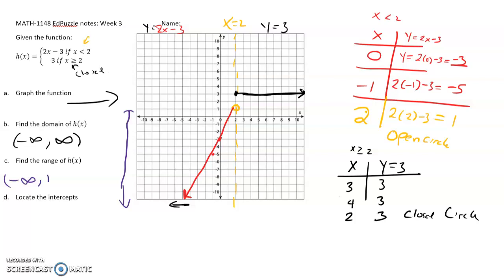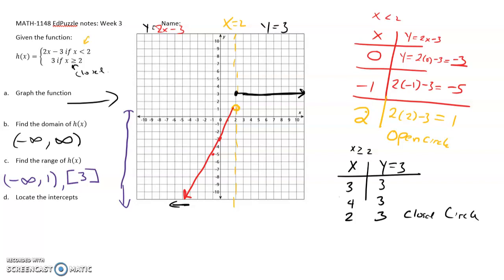It's never going to actually be equal to 1 because that has an open circle. But we need to be careful here because there also is another y value right here. We can see that we also have a y value at 3. So we need to add another piece to this range. The range is going to be from negative infinity to 1, not including 1, so we put a rounded bracket, and we also have a y value at 3.